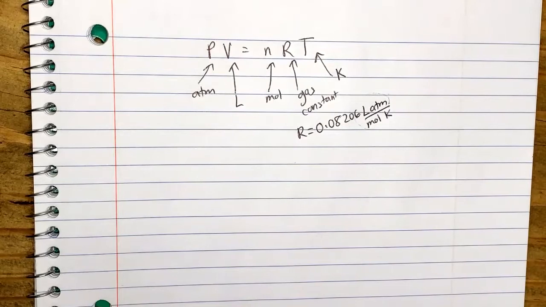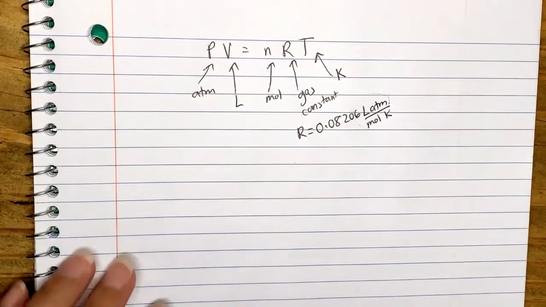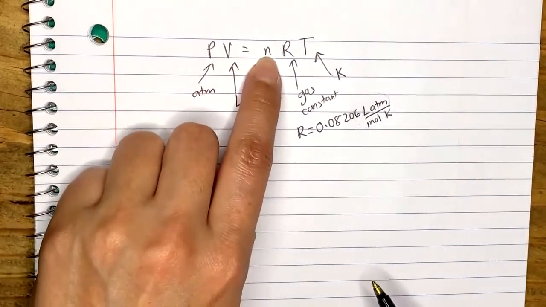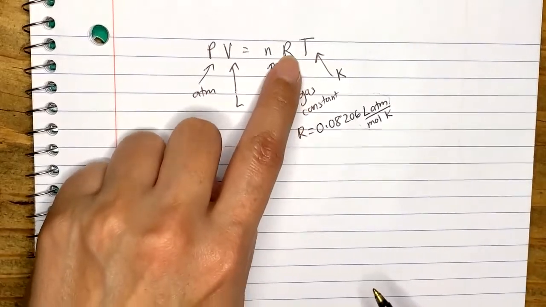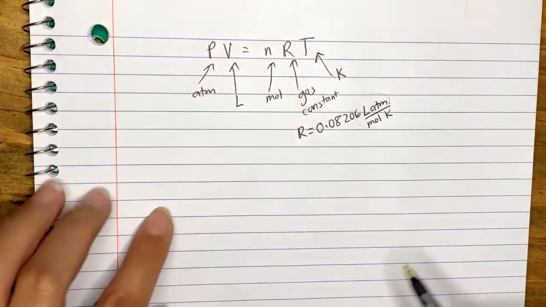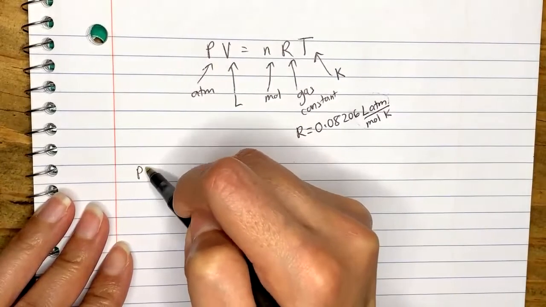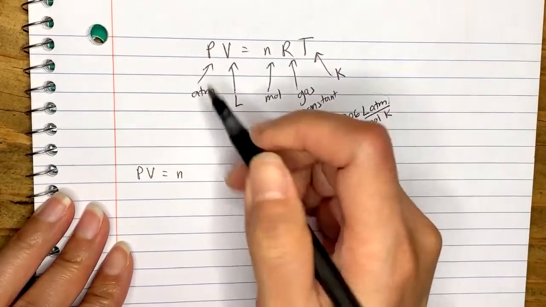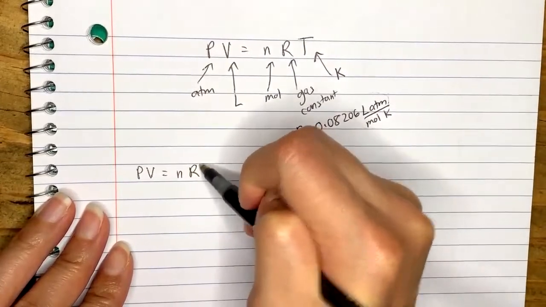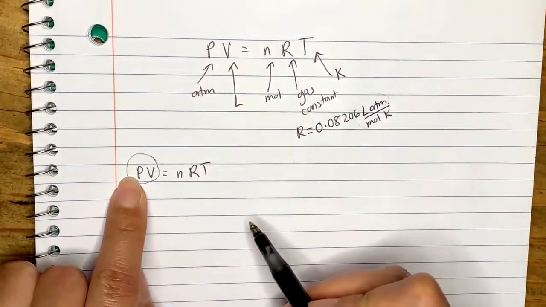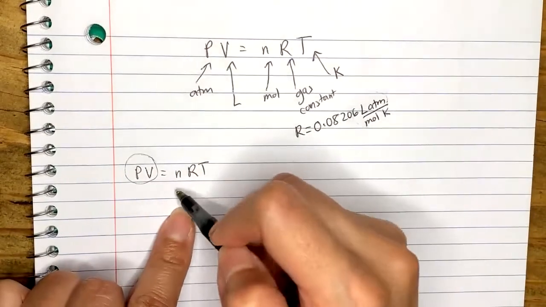Now, if they say you want to do Boyle's law, P and V are changing, and the number of moles and temperature are not changing, and of course R is not changing because that's a constant. So Boyle's law says P1 V1 equals P2 V2, right? These two that are changing are on one side, nRT are constant.